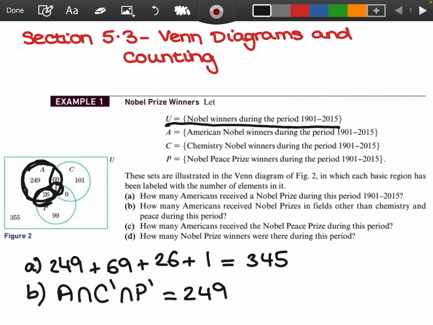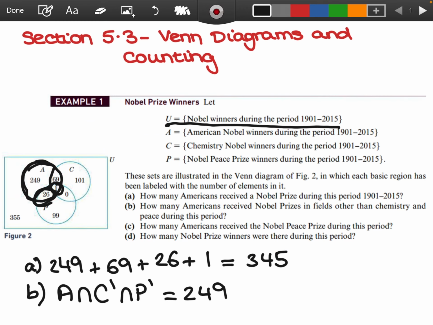So what we have done here is we have looked at a Venn diagram and we have been able to pull some information off of it. My recommendation to you, and this always happens with these problems, is don't forget the people or objects that are in the very middle, that are the intersection of all the sets.